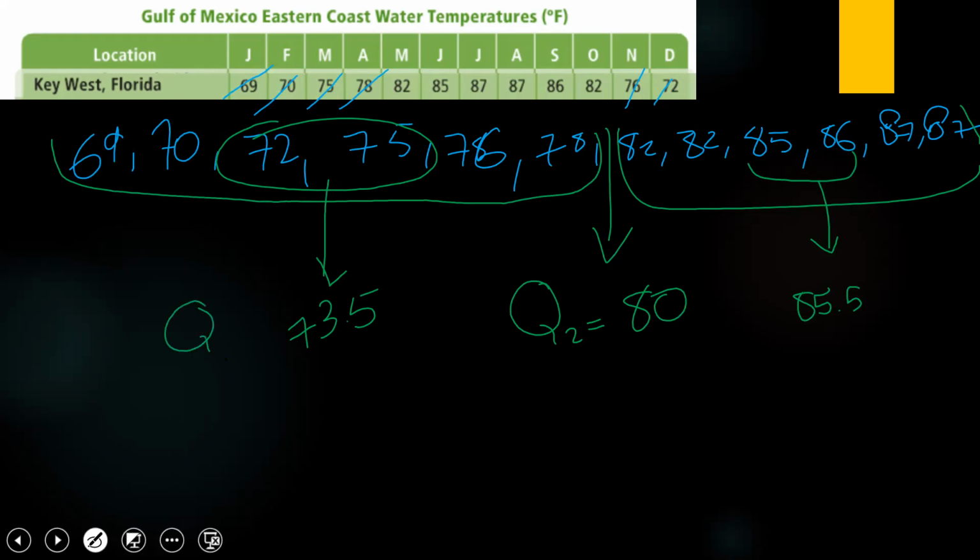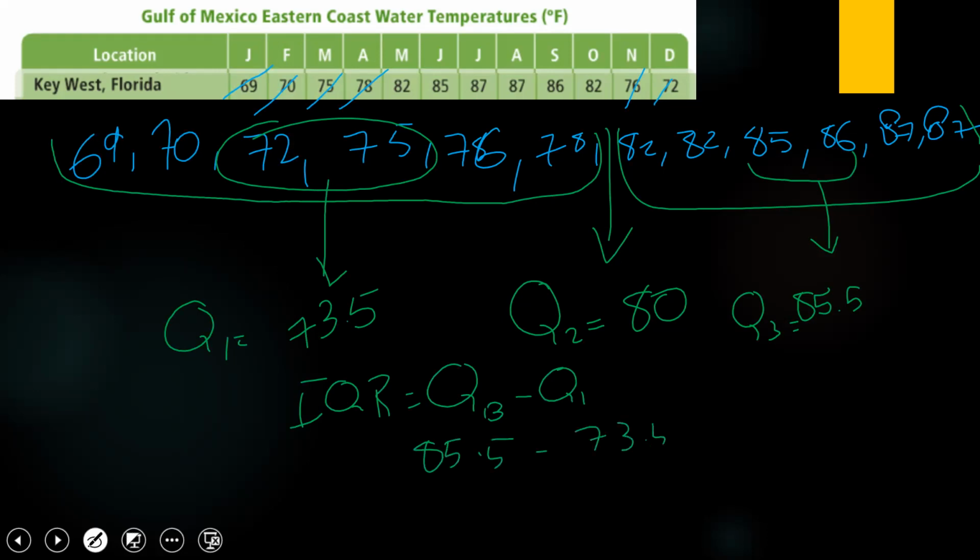This is Q1, and this is Q3. So the IQR will be Q3 minus Q1. So 85.5 minus 73.5, which is 12. This is now the IQR.